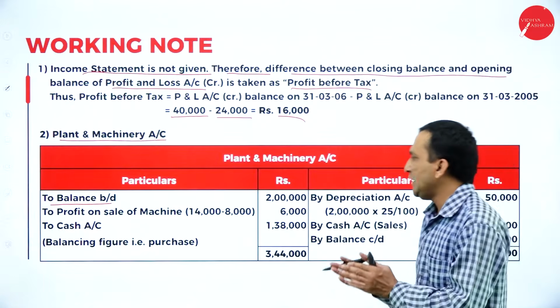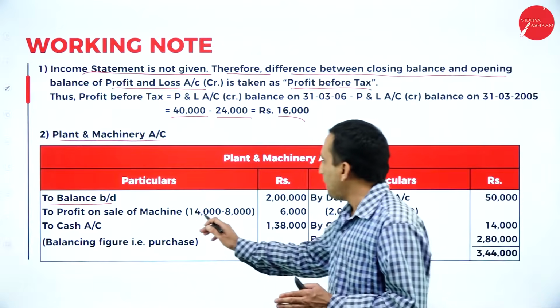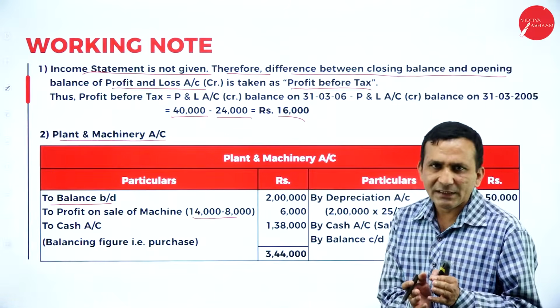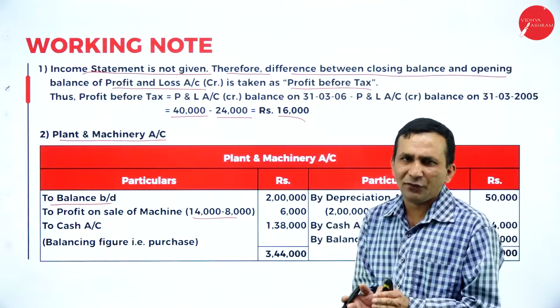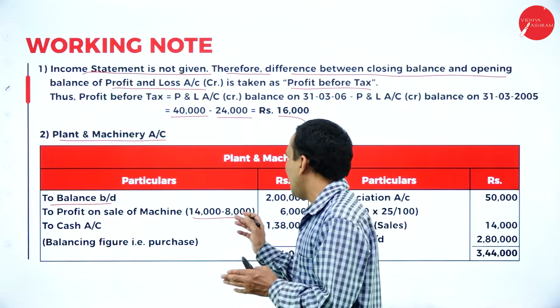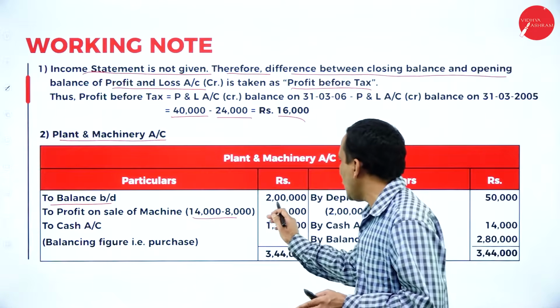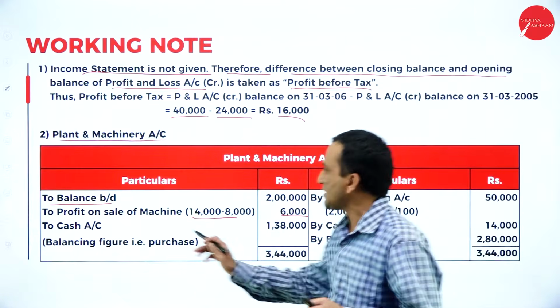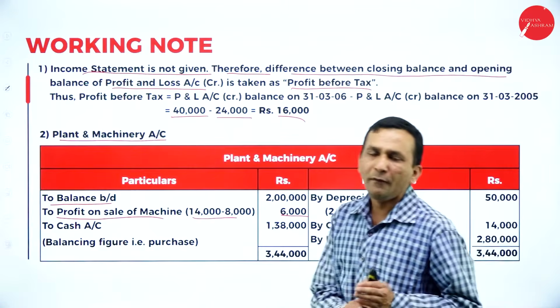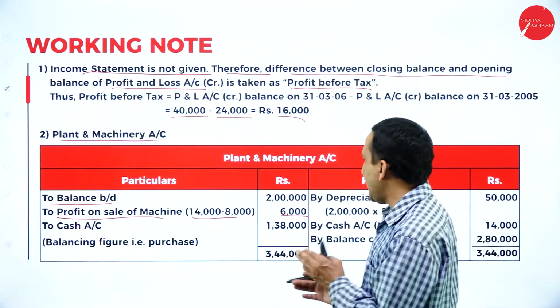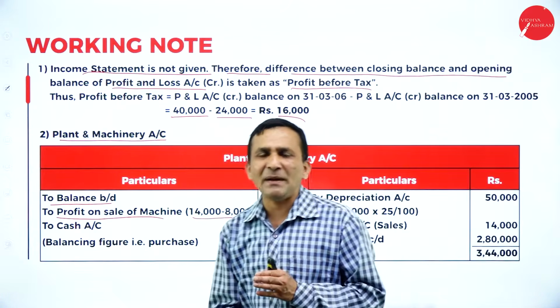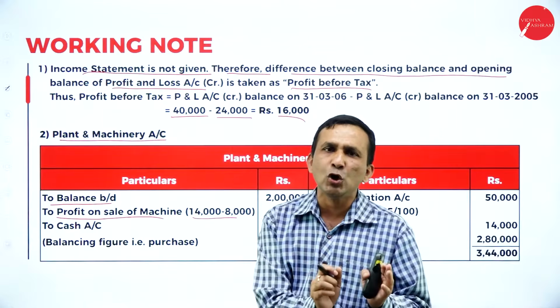Exactly the 14,000 value. Okay, the depreciation, if you try to deduct, which is shown in the additional information, the 14,000 minus, because the plant is continuously going for production. Then also we are getting 6,000, which is coming under the profit on the sale of machinery. Okay, and the next one, there is an additional purchase. We found the opening and closing balance.